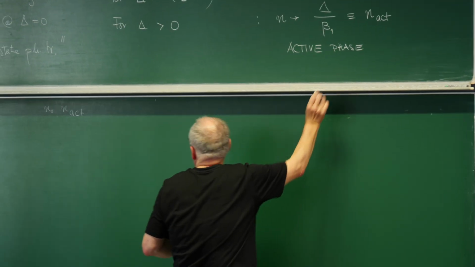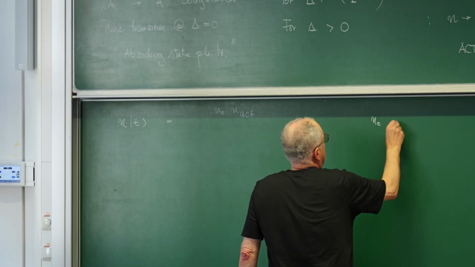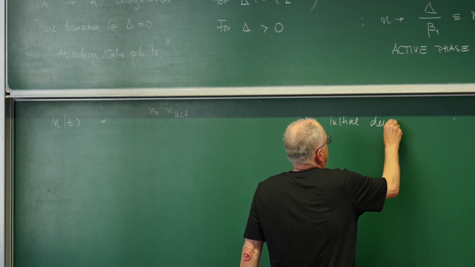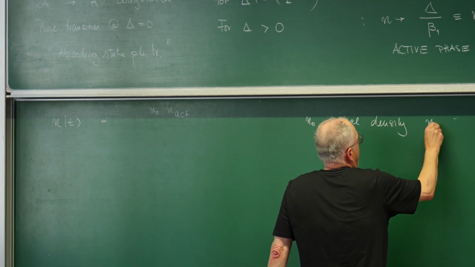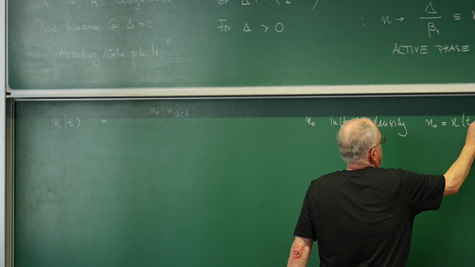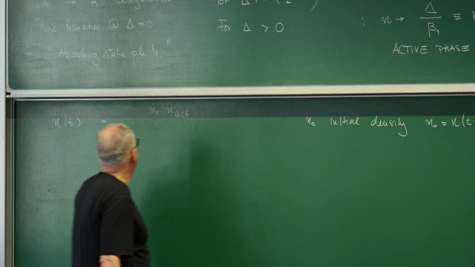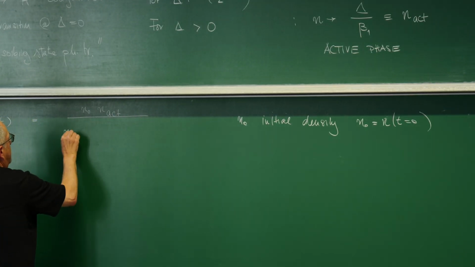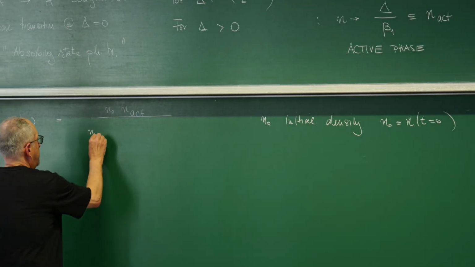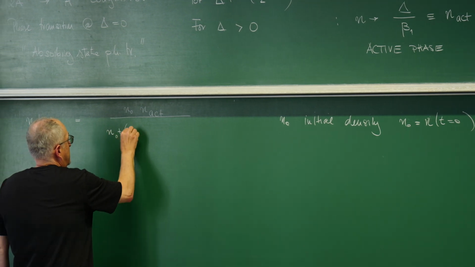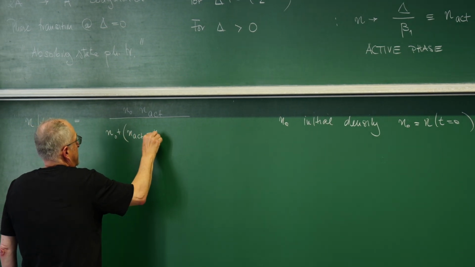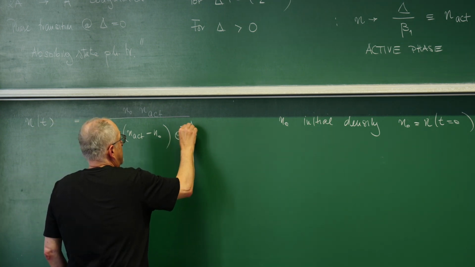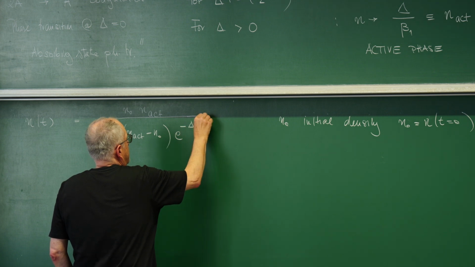N naught is the initial density, so n at time equals 0. And then the exact solution is this. It's n naught times n active, over n naught plus (n active minus n naught) e to the minus delta times time.